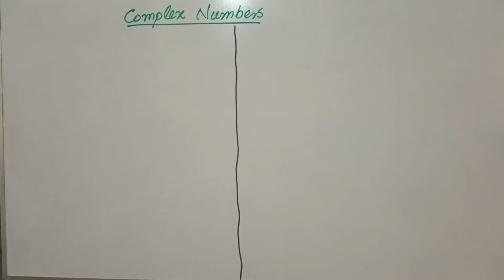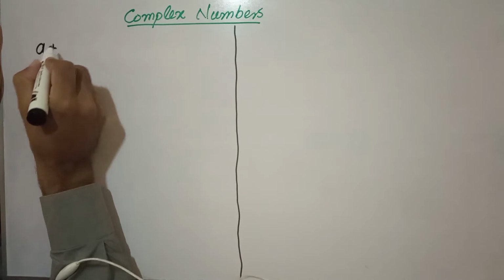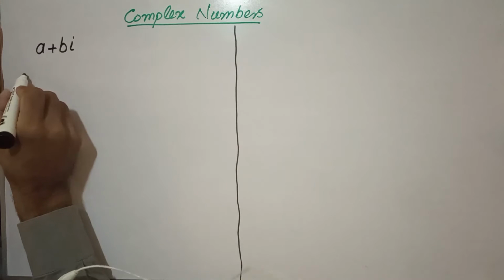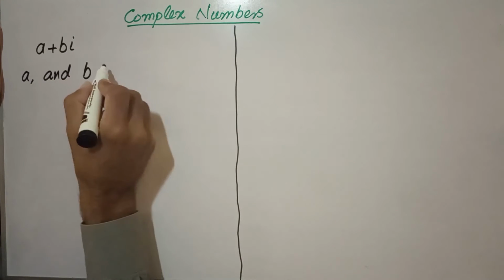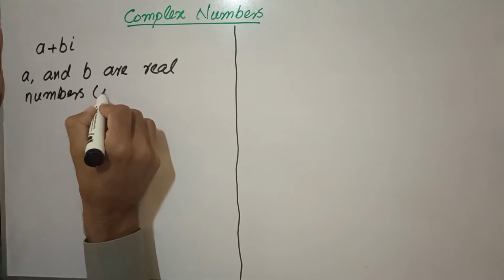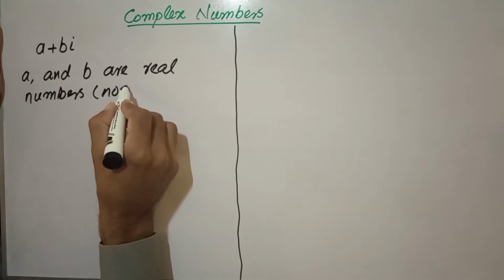First of all, we define a complex number. It is a number of the form a plus b iota. Here a and b are real numbers. For numbers, I'll shortly write NO, and if it is plural, then NOS.